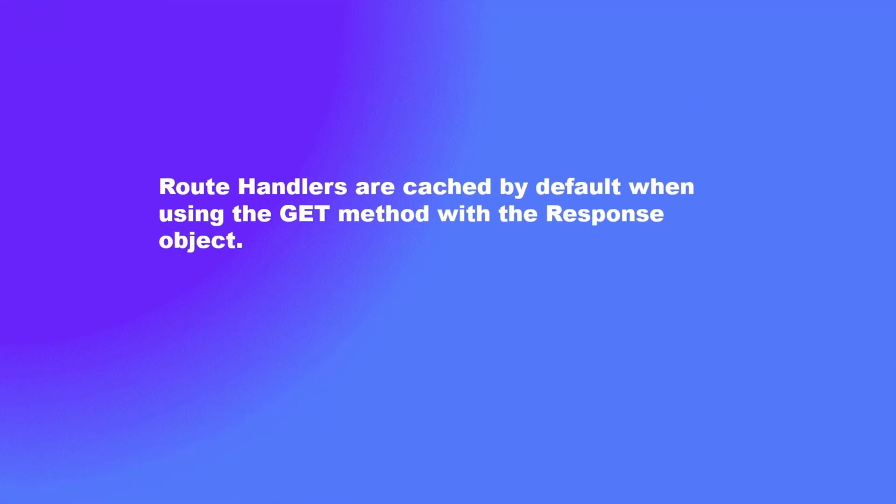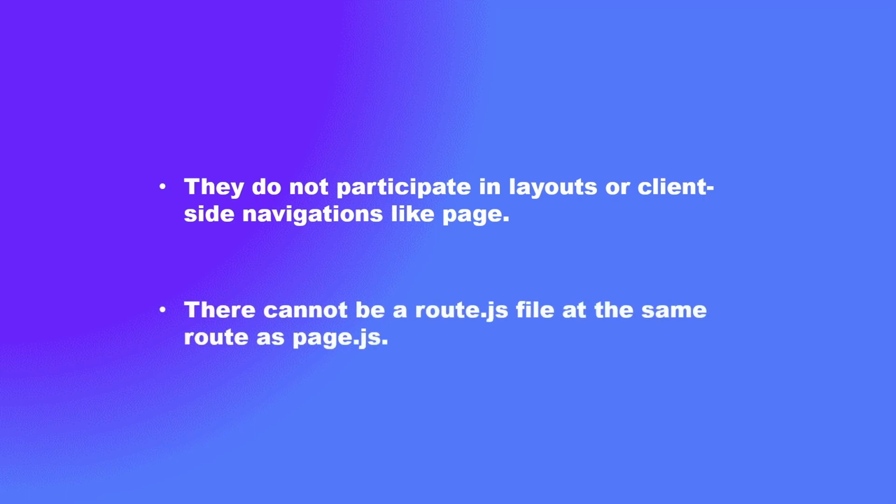Route handlers are cached by default when using the GET method with the Response object. They do not participate in layout or client-side navigation like a page. There cannot be a route file at the same route as a page.js, which we explained previously, so we have to separate them into a separate folder.